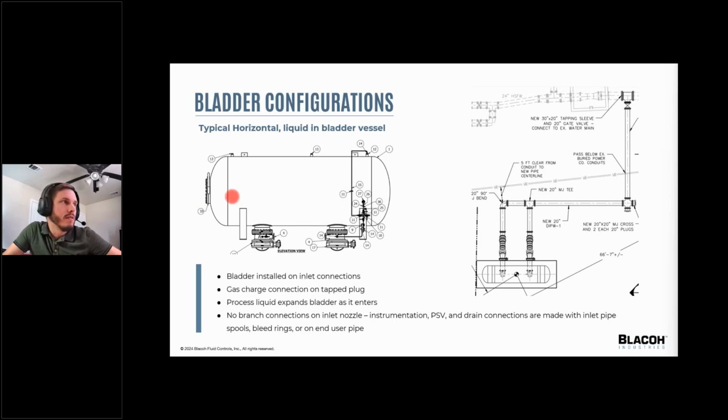So some typical issues with this one is the bladder bunching up on the inlet nozzles. And what you can do is tie them up at a couple of points at the top of the vessel. And whenever you're selecting a vessel design, you want to keep in mind age of water in certain applications. It depends on daily pump operations.